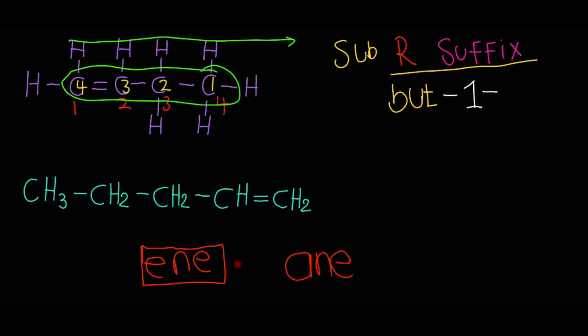So now because it is an alkene, we add ene. So this is but-1-ene, telling us that the double bond is in carbon number 1. So this is our name.